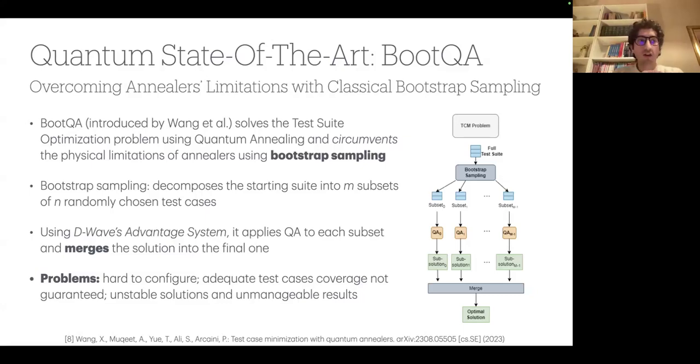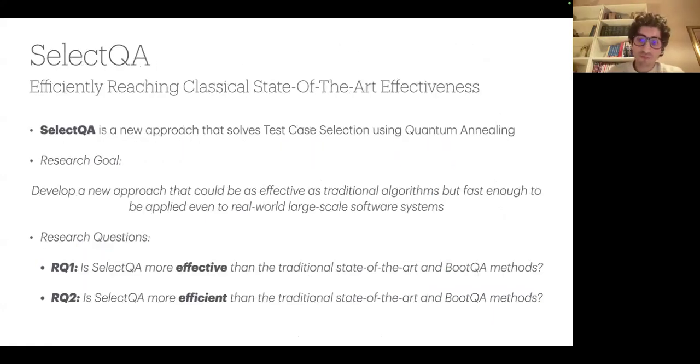So, for example, between the different sub-problems, we could have copies of the same test case. And this also leads to unstable results from execution to execution. We could have totally different results, and also unmanageable results, because we cannot focus on one objective or selection criterion instead of another. That, for software engineers, is pretty important.